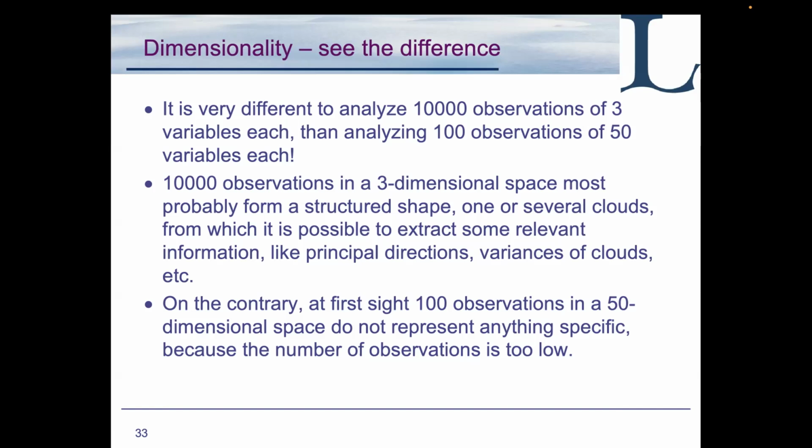Versus a high-dimensional space. So 50 features is already high-dimensional. In many cases, especially in image processing, we are talking about thousands or million-dimensional spaces. And here, 100 or even 10,000s of observations would appear just as scattered points.